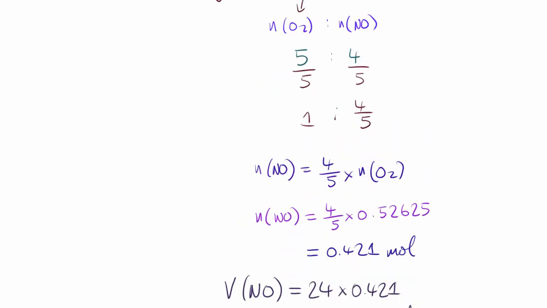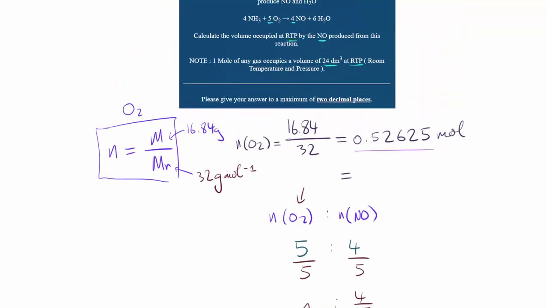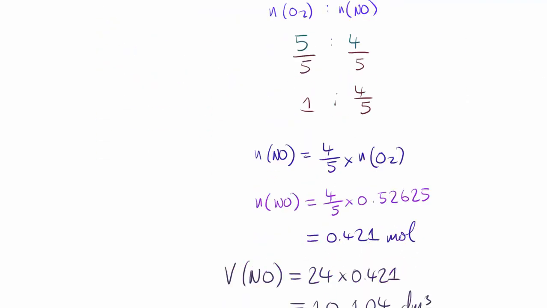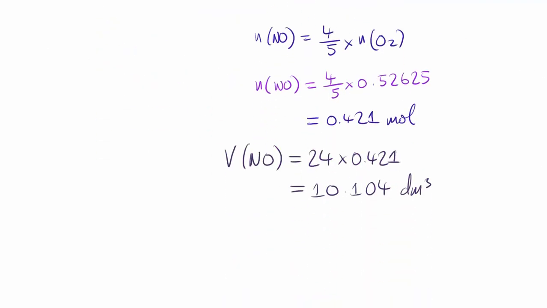What we need to remember is we've been asked to give our answer to 2 decimal places as a maximum. If you round it initially to 2 decimal places, you get 10.10, because we have to round that down.